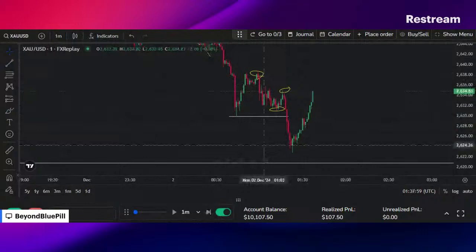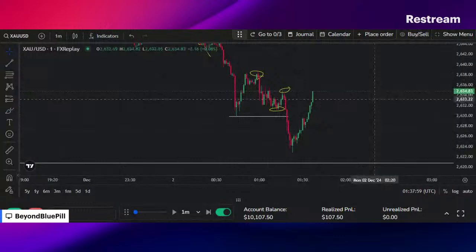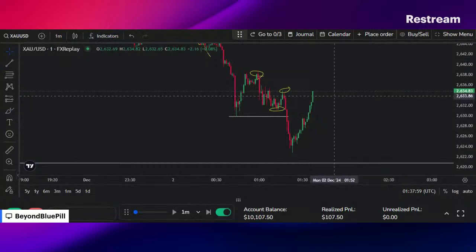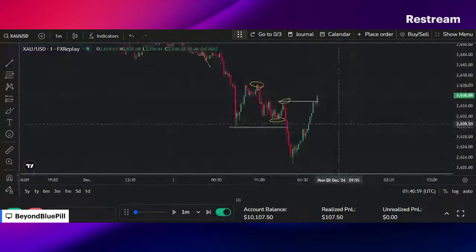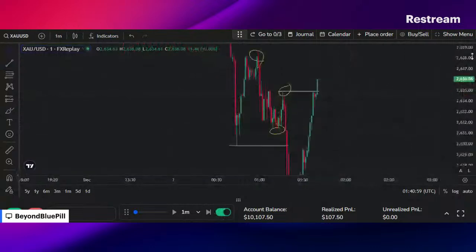Oh, nice. Change the order flow. At the 1. Okay, we took the 1 minute swing.